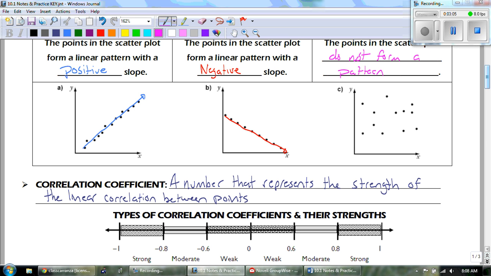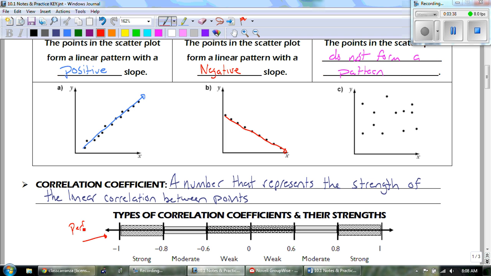Okay, so when we're looking at this, we're looking to see whether it's positive or negative, or if it doesn't form a pattern. So positive, negative, or no correlation, but then we can really describe what it's like. Okay, and we give that a numerical value, and that's what the correlation coefficient is. Okay, now we can be all the way to the left right here at -1.